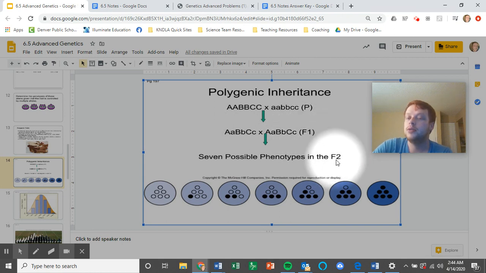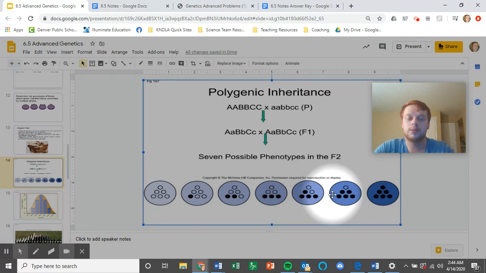In the F2 generation, because we have all of this variation, you actually end up with 7 different phenotypes just from having 3 different letters for each parent. So again, pasty over here, very dark skin over here, and then the spectrum in between.